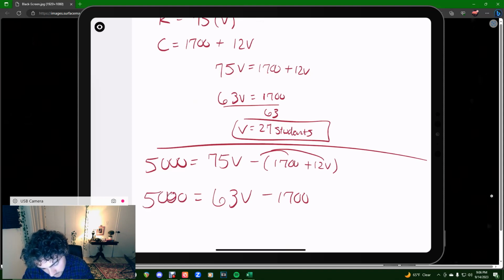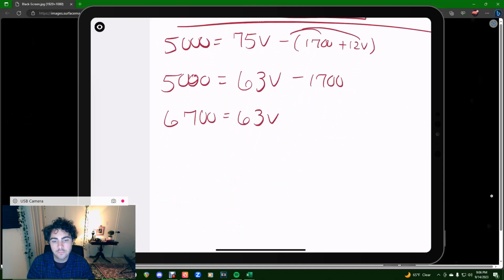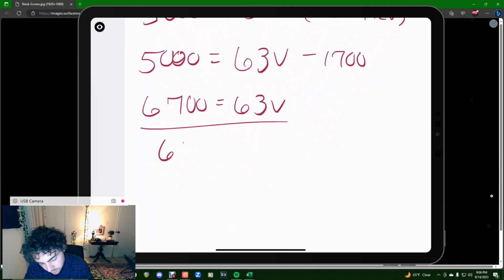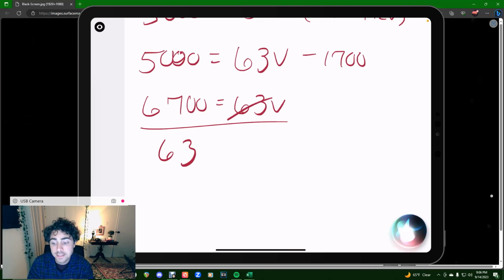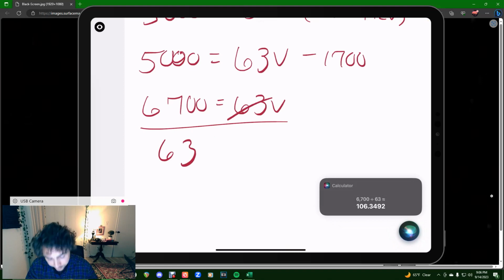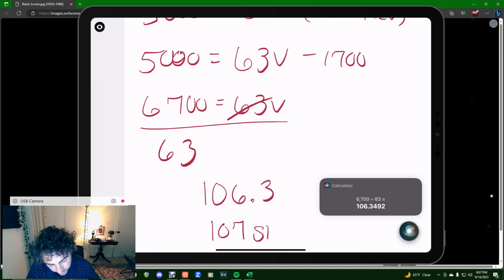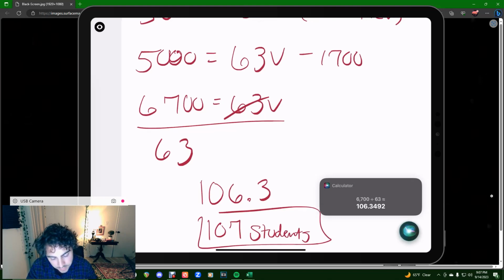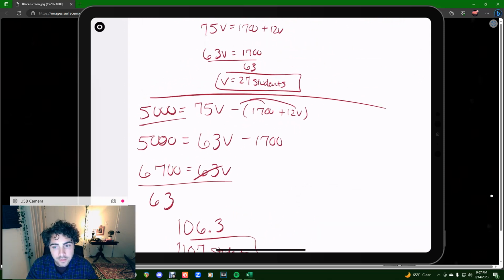We have 5,000 over here. We add 1,700 and we get 6,700 equals 63V, divided by 63. 6,700 divided by 63 is approximately 106.3492. So 106.3, they might leave it like that or even round up to 107 students. They need to enroll 107 students if they want a profit of $5,000.